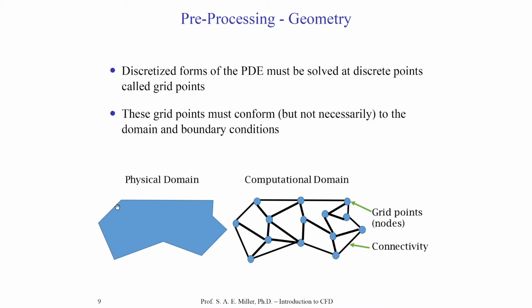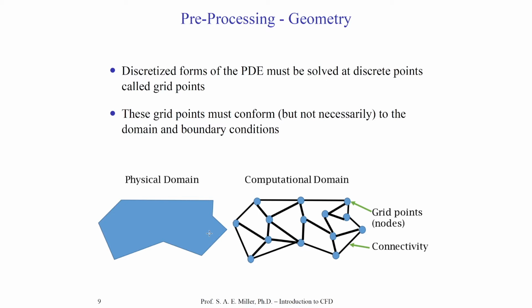Perhaps these two walls are inlet boundary conditions that are supersonic, so the flow enters the domain from left to right supersonically, and these boundaries here on the right are an outlet, meaning the flow can exit the domain here. This lower boundary could be set to a wall, and the flow would come in left to right once again. So for the same physical domain, we can set different boundary conditions to dictate, in a sense, the solution of the problem. The boundary conditions should somehow be represented as something physical.